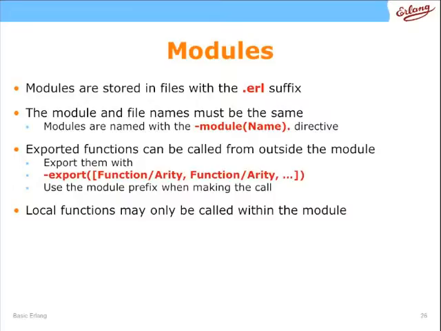And the other directive that you see in every module is a list of functions which are exported from the module. If you want a function to be usable, to be called from outside the module, it must be exported.